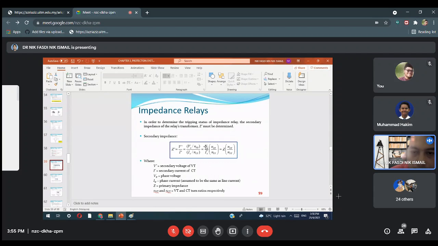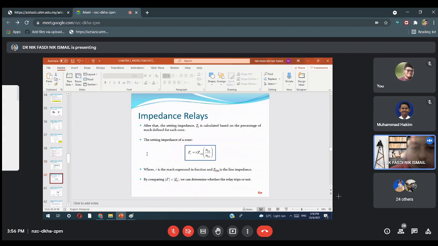There are many equations, but in the end this is the general equation: Z prime equals Z times CT over VT, where CT and VT are the ratio of current transformer and ratio of voltage transformer. V prime is the secondary voltage, I prime the secondary current, V the phase voltage, I the phase current, Z is the primary impedance, and VT and CT are the VT and CT ratios. We will do an exercise later on so you understand.